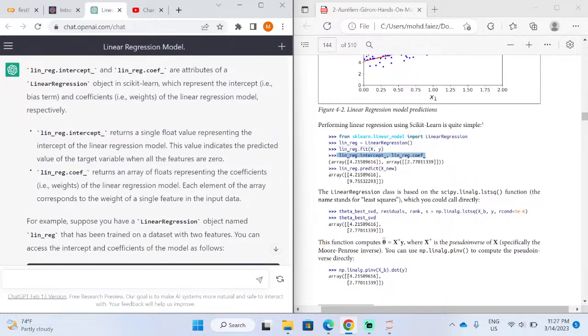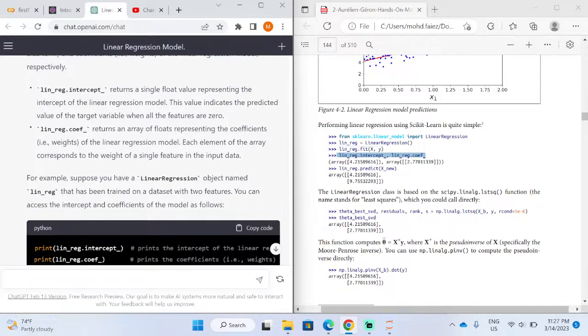The intercept returns a single float value representing the intercept of a linear regression model. This value indicates the predicted value of the target variable when all the features are zero. And the linear regression coefficient returns an array of floats representing the coefficient weights of the linear regression model.